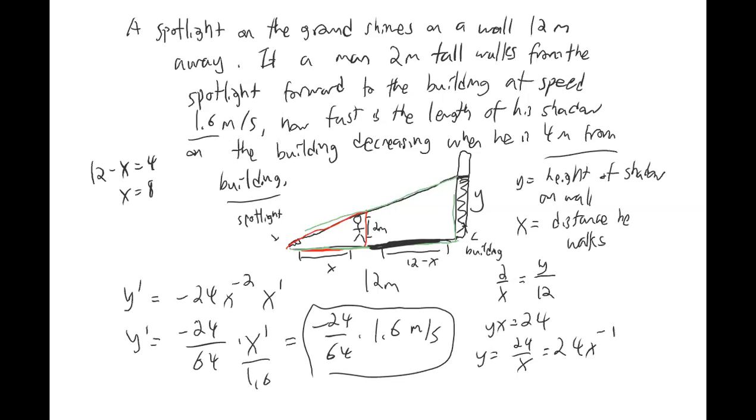Everyone follow? I'm not doing anything different. The hard part is just getting the picture. Once you have the picture and you get the equation, you're pretty much done most of the time. Everyone follow? Good.